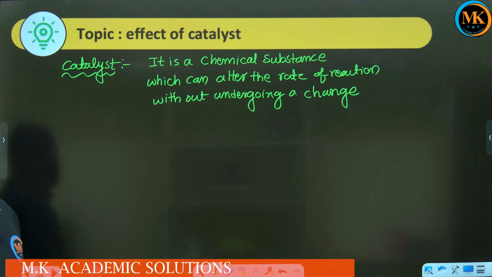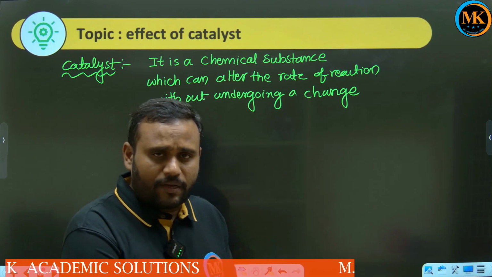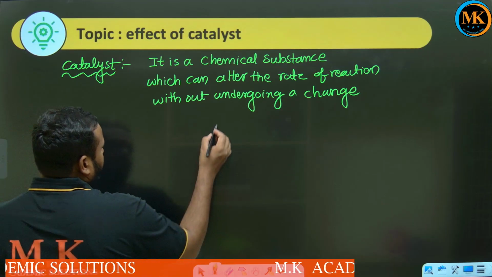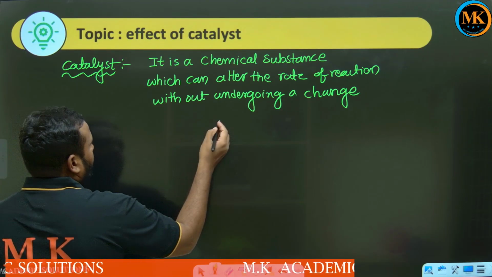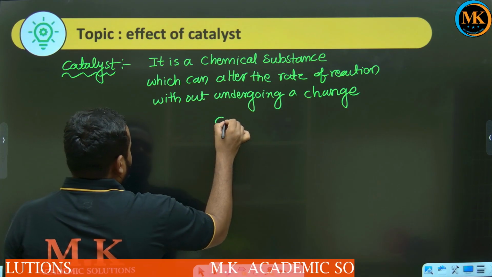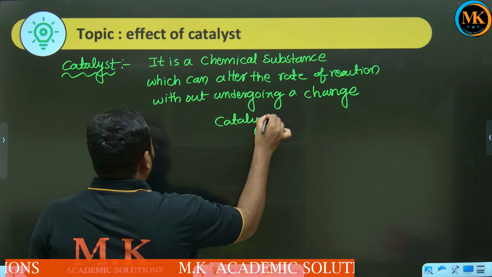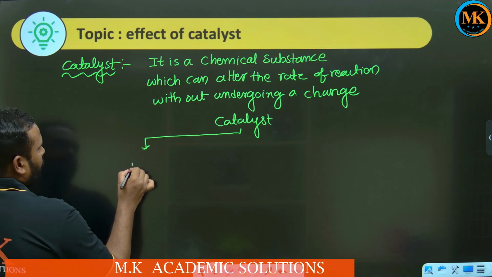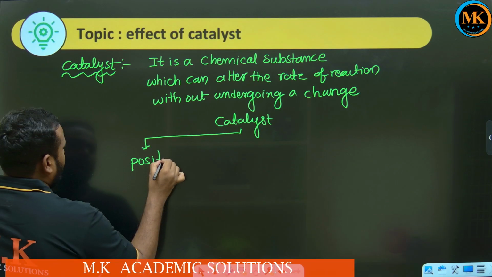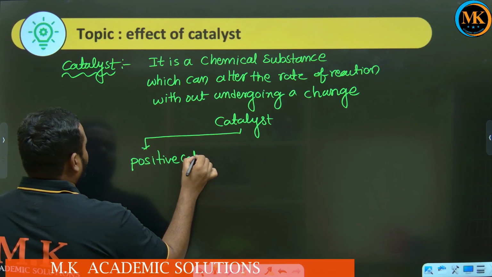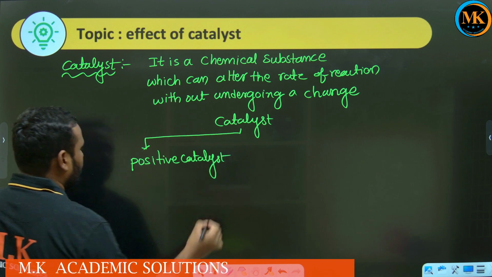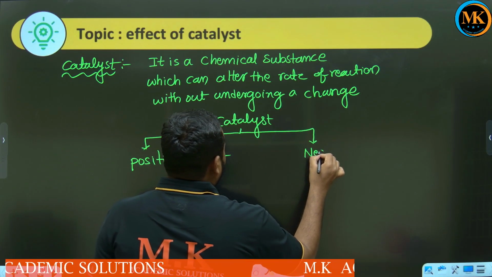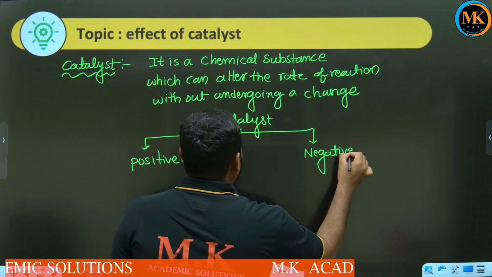Alter means it can increase the rate of reaction or it can decrease the rate of reaction. So based on that, a catalyst can be classified into two types: positive catalyst and negative catalyst.